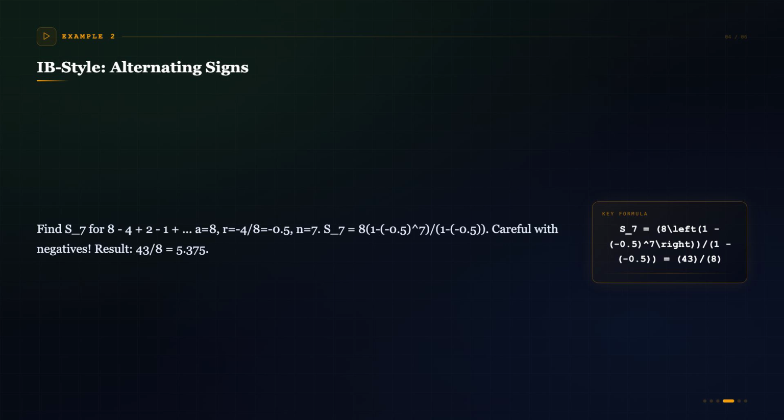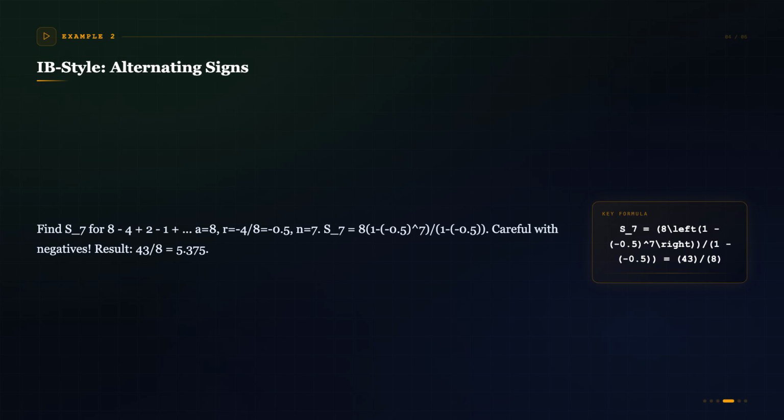So inside the parentheses we have 1 minus negative 1 over 128. 1 minus a negative is 1 plus. So that becomes 1 plus 1 over 128, which is 129 over 128. The denominator is 1 minus negative 0.5, which is 1 plus 0.5, or 1.5, which is 3 halves.